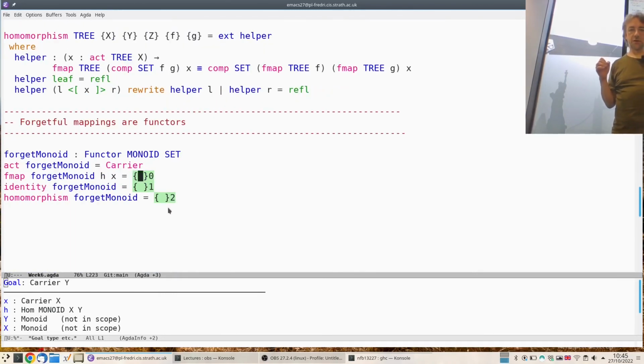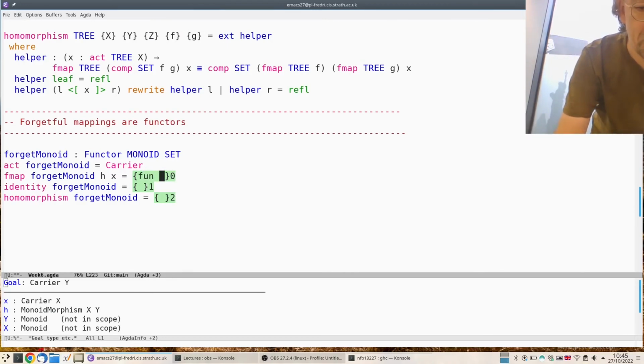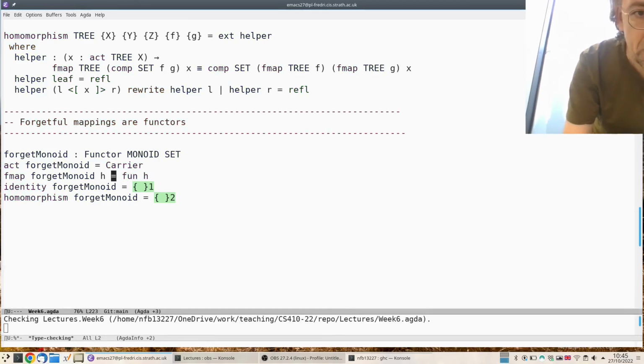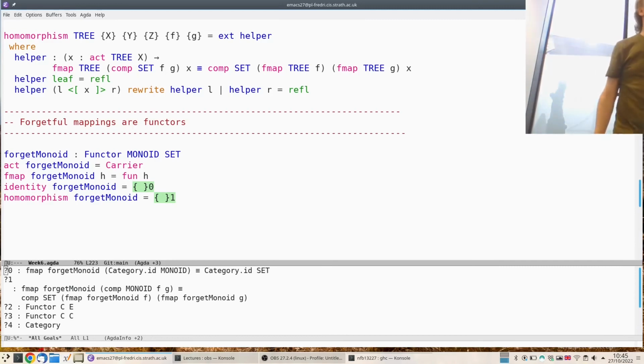So let's go. Will this work? I get my function out of my H and apply it to my X. Okay, I'm actually going to golf that, so I think that's good. What we're saying is, just pick out the underlying carrier set and forget that it's got these operations.